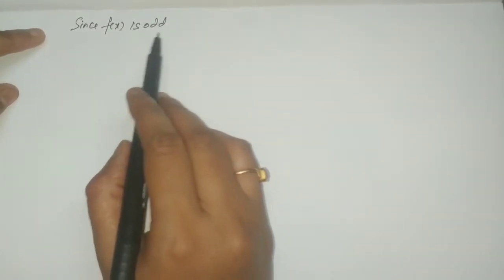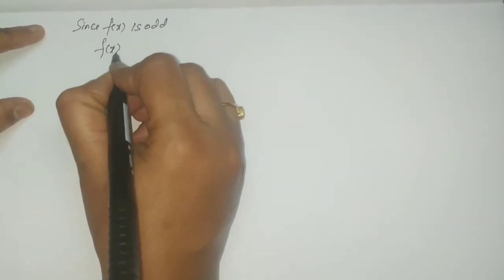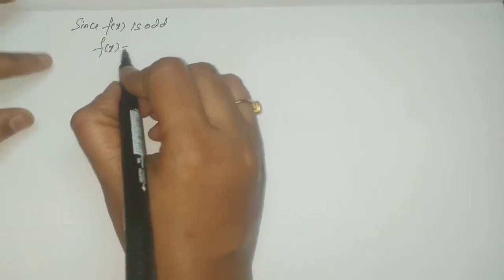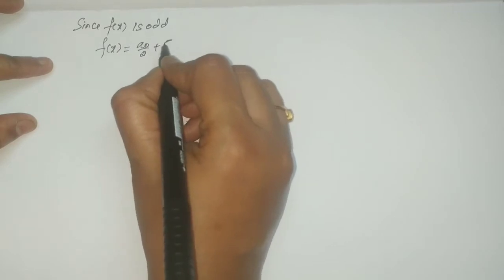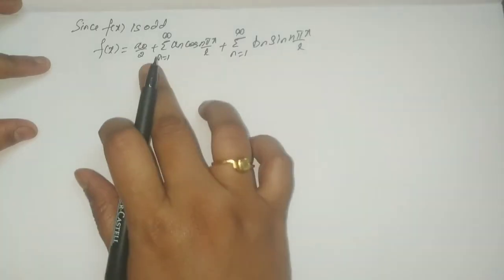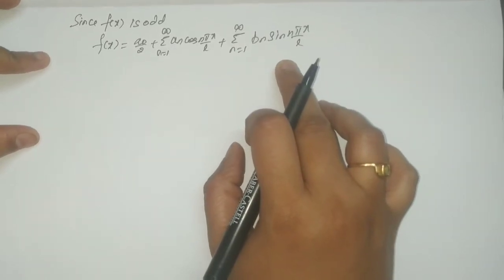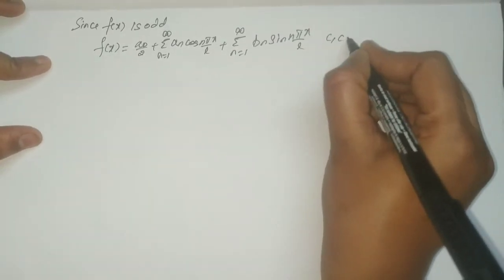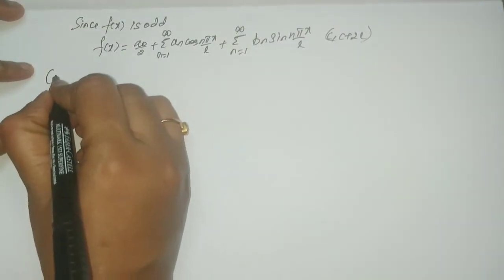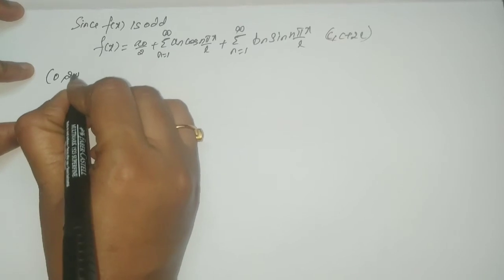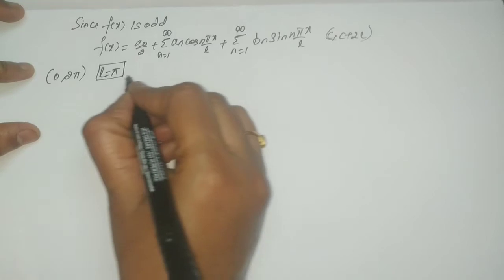So since the function is odd, you have to just find Bn. Before that, write the Fourier series. So the standard form of Fourier series was a0 by 2 summation n is equal to 1 to infinity. So I have written the expanded form of Fourier series. This is a generalized form for the interval c, c plus 2l. But our interval is an open interval of the form 0, 2 pi, and we already identified L value as pi.